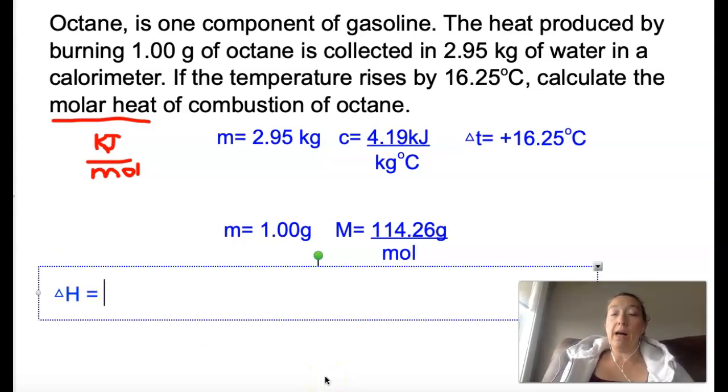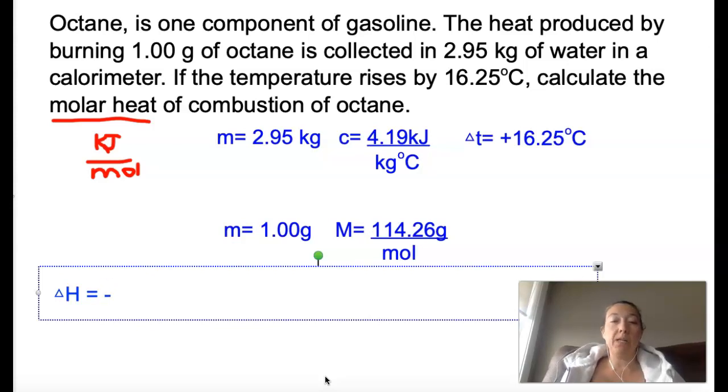We are going to calculate this using the negative MC delta T of the water. That's because, remember we talked about how Q1 equals negative Q2? We need to make sure we put that negative in because the water is doing the opposite. As a general rule, in any calorimetry question, you should be starting your calculation with a negative.